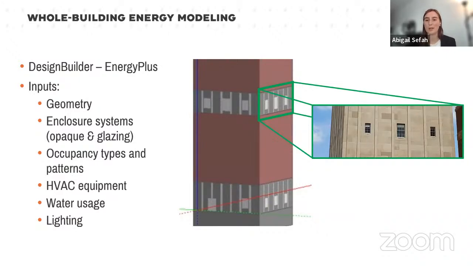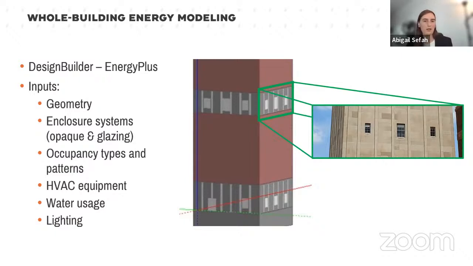There were several renovation projects for the HVAC over the decades. So we did a lot of tracking down to try to model the HVAC systems accurately in Design Builder. And you can also model water usage and lighting, but for this project, those would remain the same across all 3 models. So we elected not to model them.